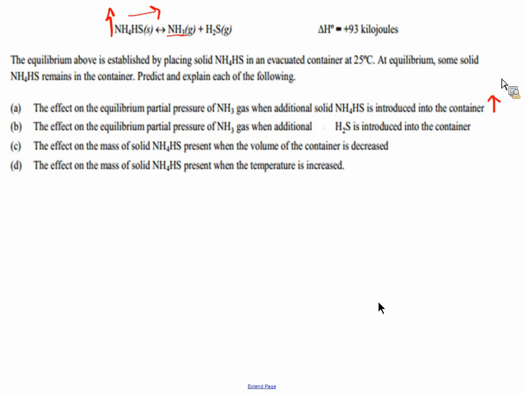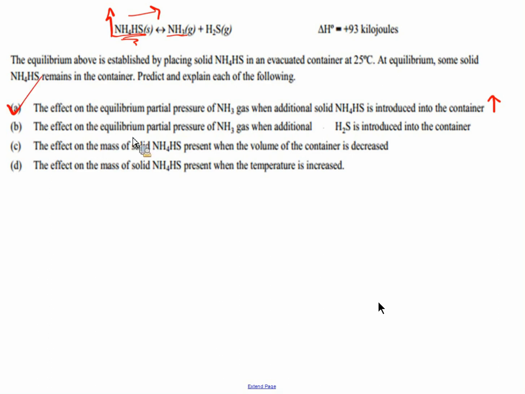It would increase. Are we all right with that? The explanation why is because you would say something like, if additional reactants are added, more products will be formed. Right? That's not super difficult. I hope. Who had A correct? Raise your hands. You're amazing individuals.